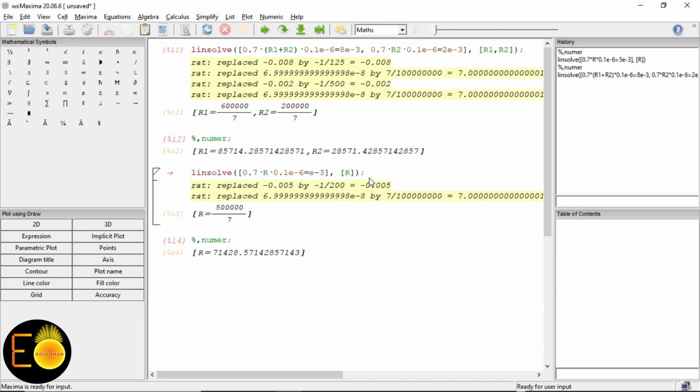If I consider a 5 kilohertz signal, or say 10 kilohertz signal, now I'm going to increase my output switching frequency.